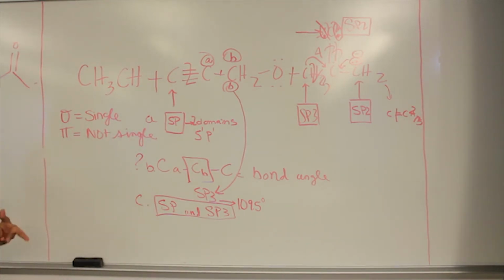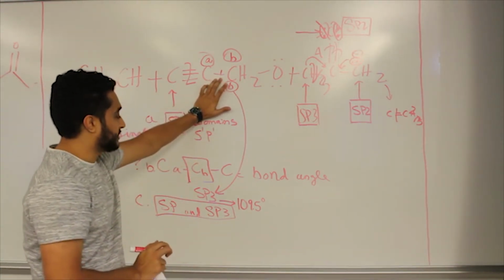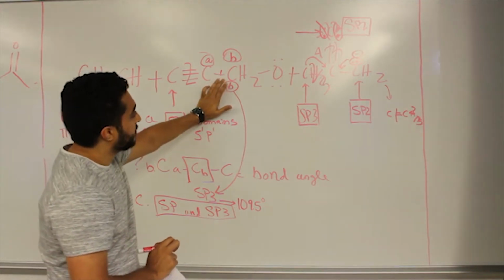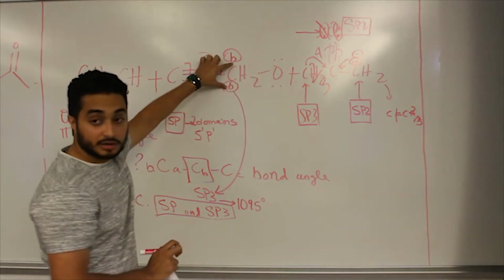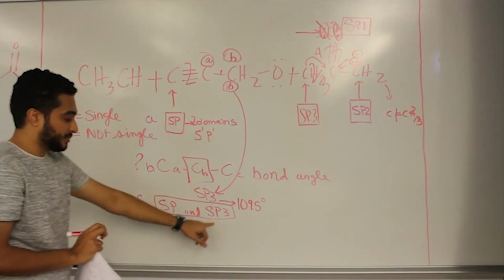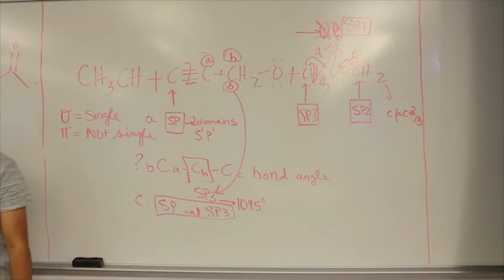And the next one, which is carbon Cb, how many domains does this have? Yeah, so 1 domain here, 2 domains bonded to the oxygen, and then there's 2 hydrogens bonded onto the carbon. So there's 4 domains for sp3. So that's the answer, sp and sp3. Yeah, that's how you answer this one.